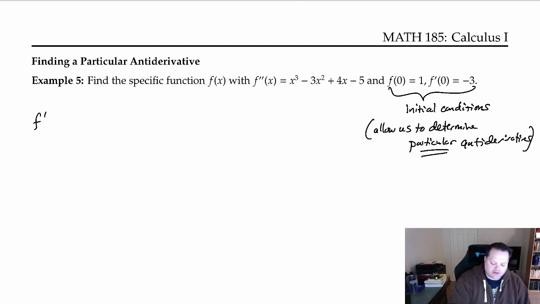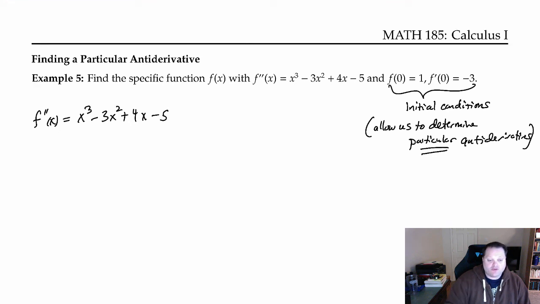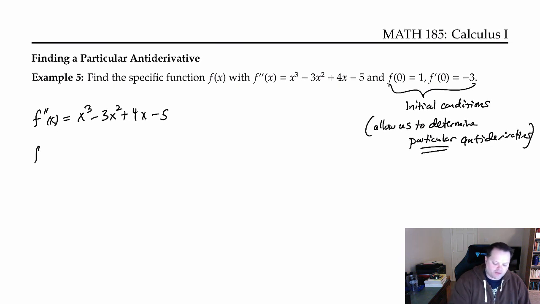So we've got the second derivative is x cubed minus 3x squared plus 4x minus 5. And so hopefully you've been picking up on what I've been doing. So let's just go back by 1. If you go from second derivative back to first derivative, then you've taken the antiderivative there.